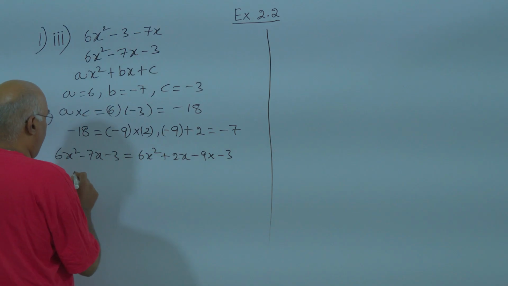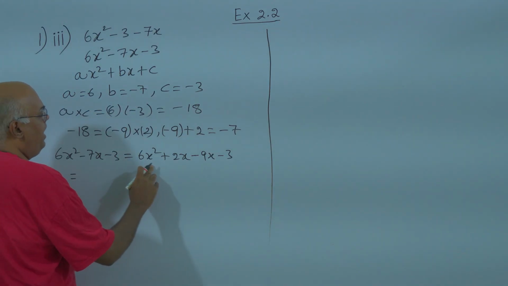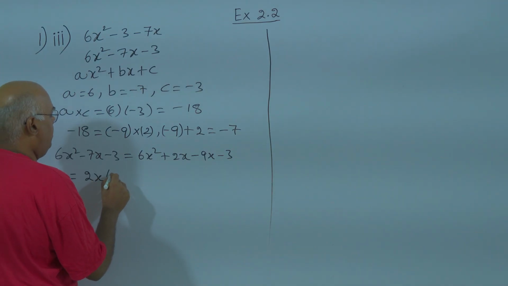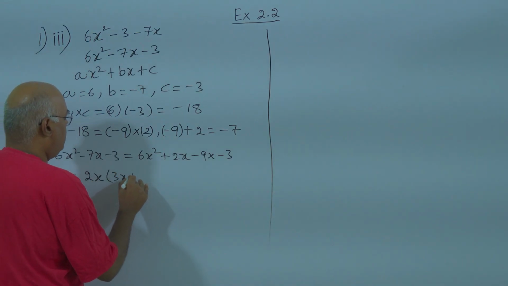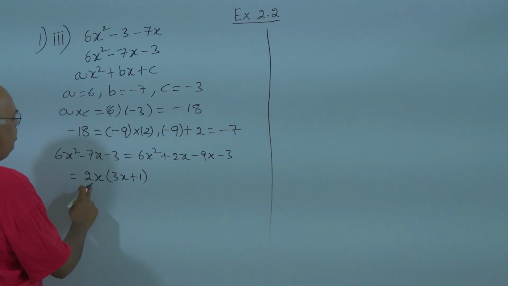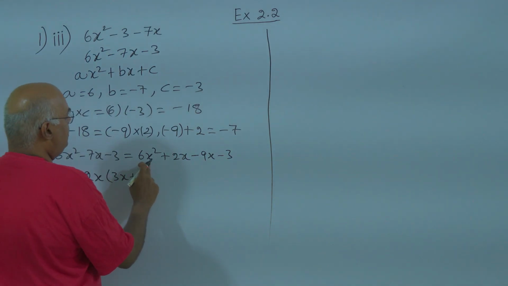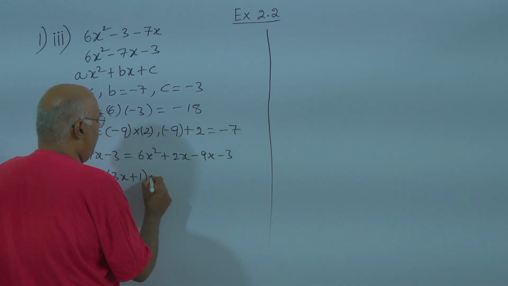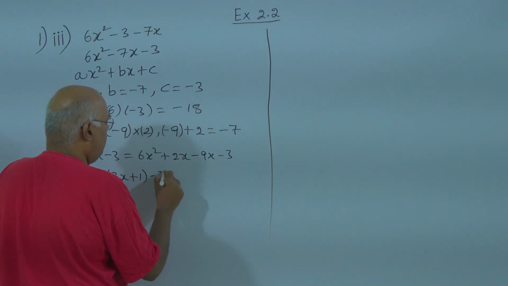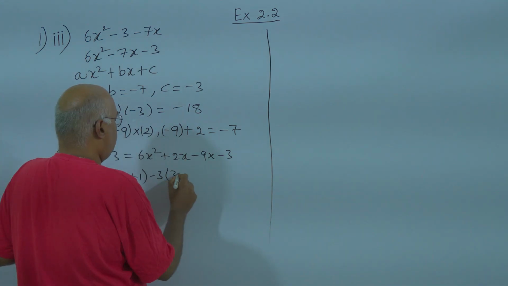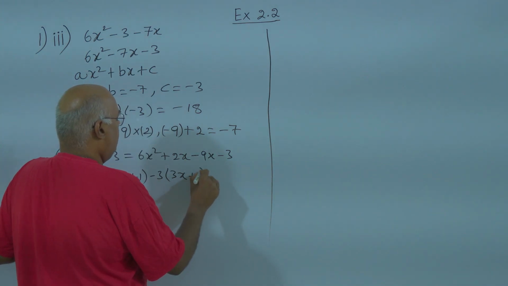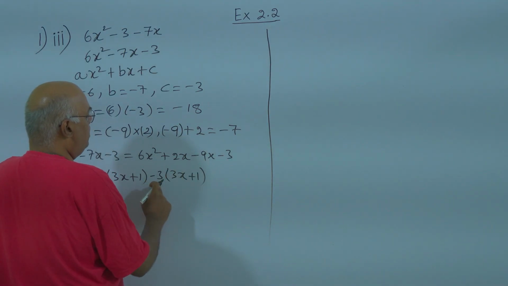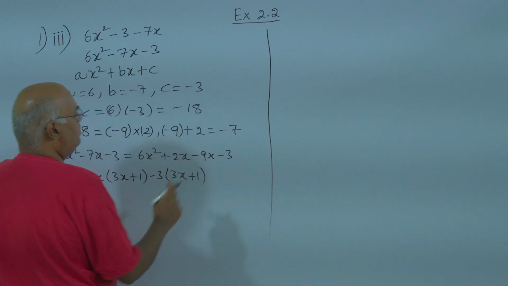So this can be written as, if I take 2x common, I will be left with 3x plus 1. See here, 2x into 3x is nothing but 6x square, 2x into 1 is nothing but plus 2x. In the same way, I will take minus 3 common, so I will get 3x plus 1. So minus 3 into 3x is minus 9x, minus 3 into plus 1 is minus 3.